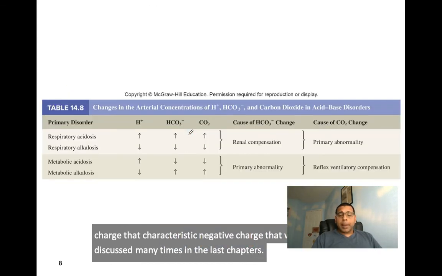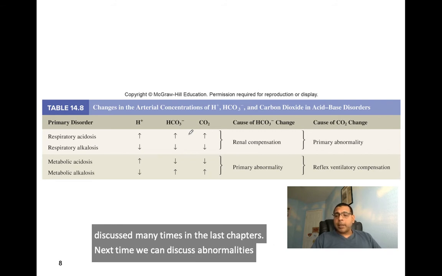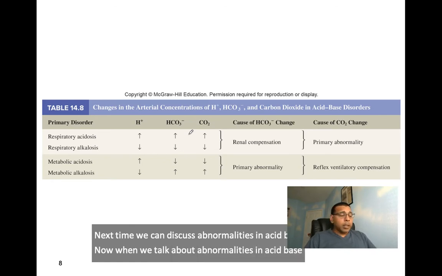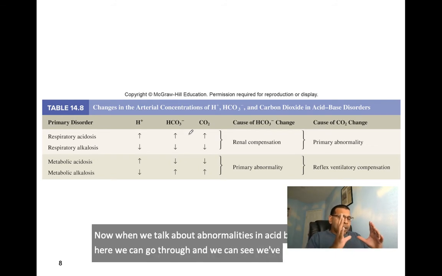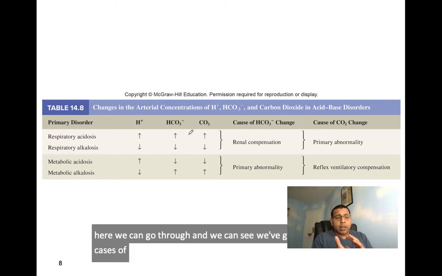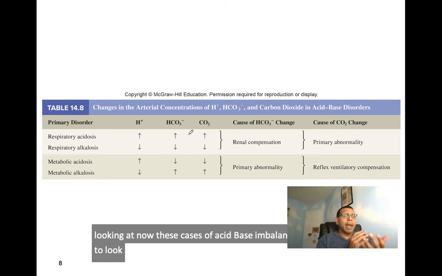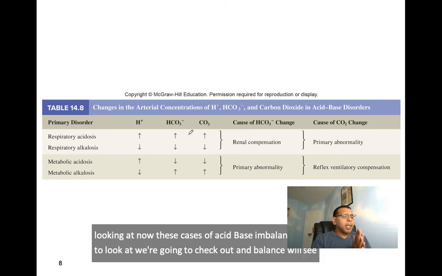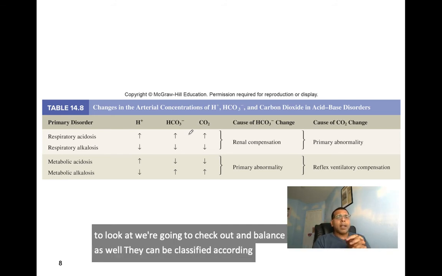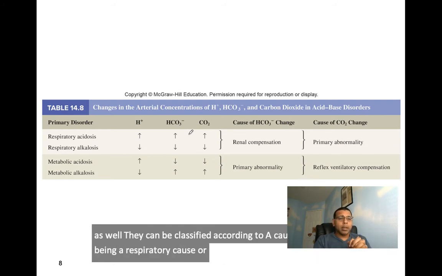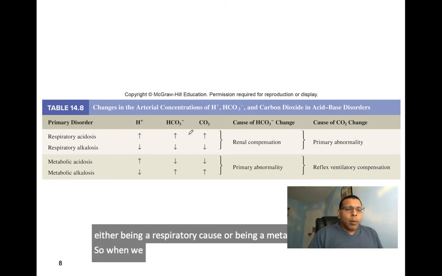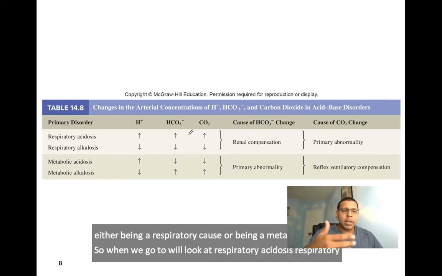Next we can discuss abnormalities in acid-base balance. We'll be looking at cases of acidosis and alkalosis. They can be classified according to cause as either respiratory or metabolic. So we'll look at respiratory acidosis, respiratory alkalosis, metabolic acidosis, and metabolic alkalosis.